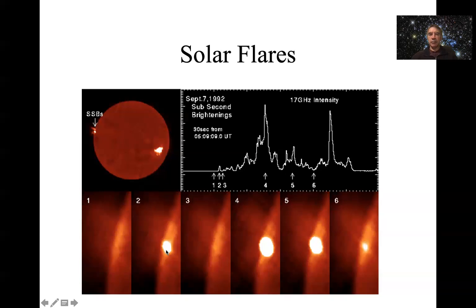This is part of the difficulty of studying these kinds of phenomena. You need very high time resolution. If you want to observe these things in detail, you need sub-second time resolution of your observations. So that's quite a challenge.